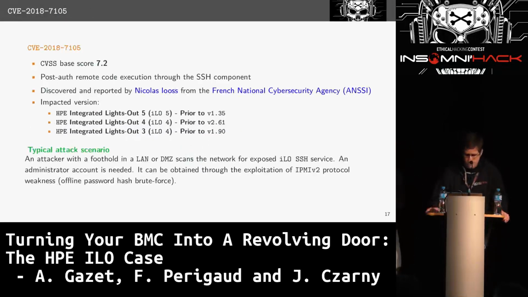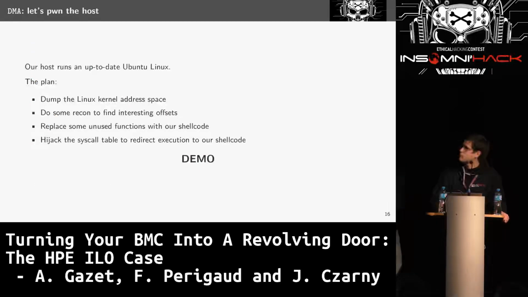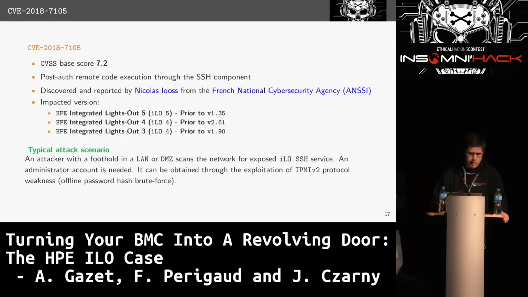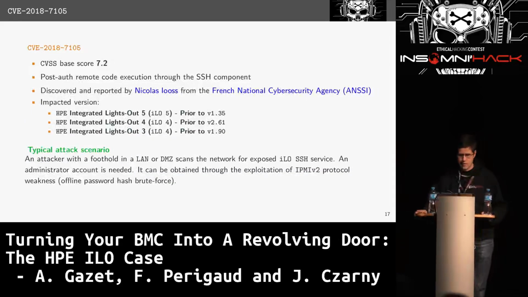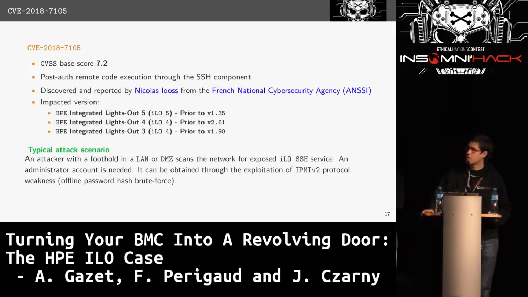So now that we've proved that we can gain access to the host from iLO, we wanted to go further. One other thing interesting to note: I was telling you earlier that the web server and the SSH server were homemade by HP. So, a friend of ours found another vulnerability, this time in the SSH server.